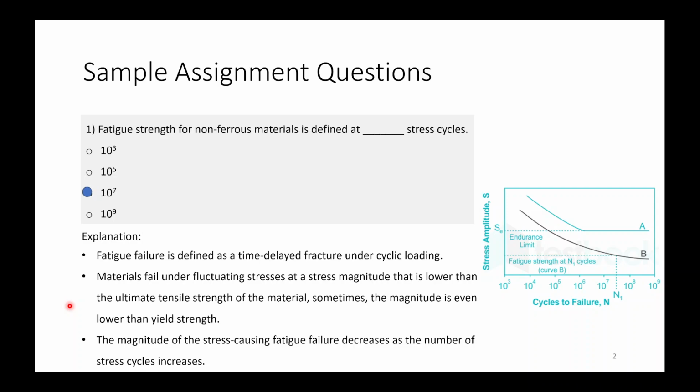So the magnitude of the stress causing fatigue failure decreases as the number of stress cycles increases. So it is an inverse relation. As the number of cycles is increasing, your required stress is decreasing. So this is your non-ferrous materials, and A is your ferrous materials and titanium alloys.